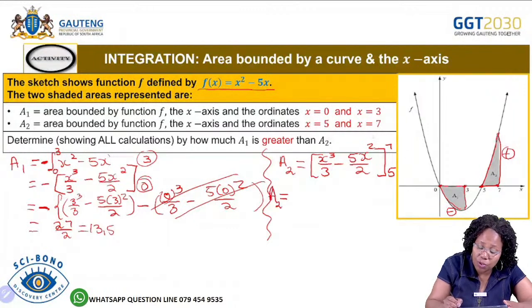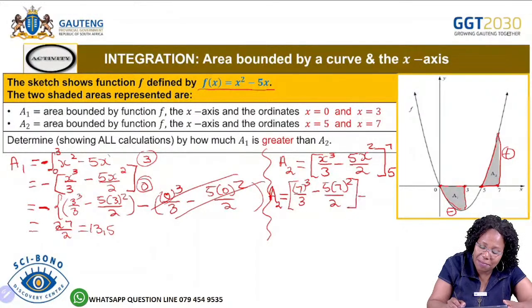Substitution. We are still looking at A2. We are going to substitute 7. That will be 7³/3 − 5 × 7²/2. And then minus, we now substitute a 5. That will be 5³/3 − 5 × 5²/2.